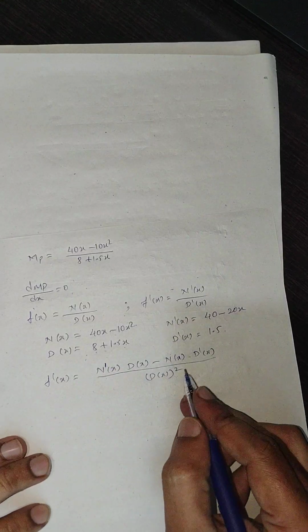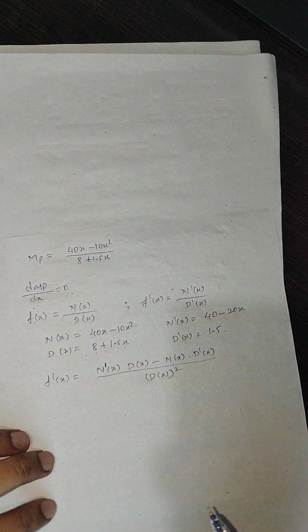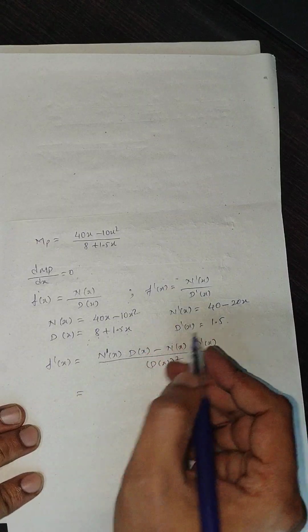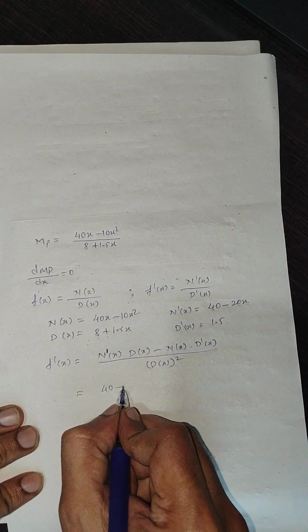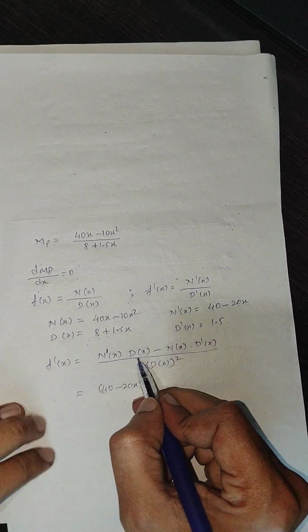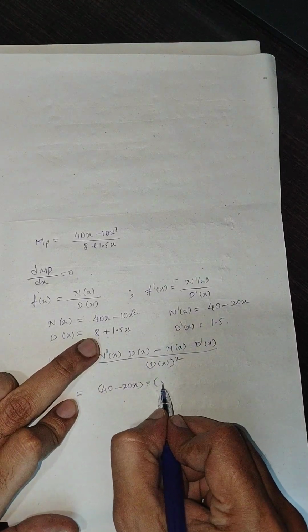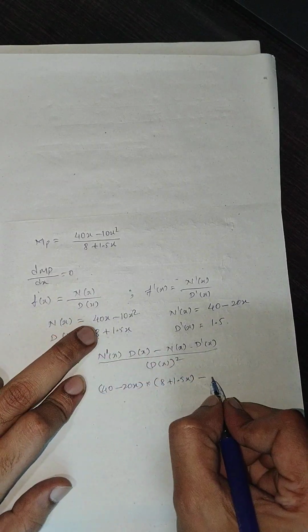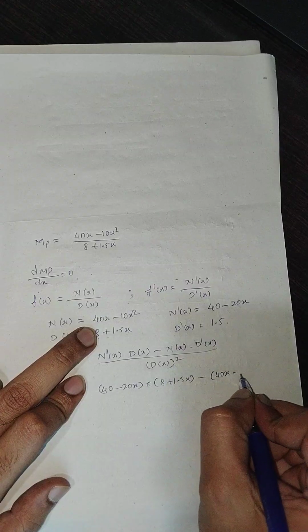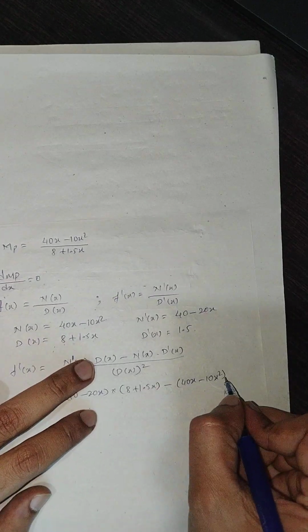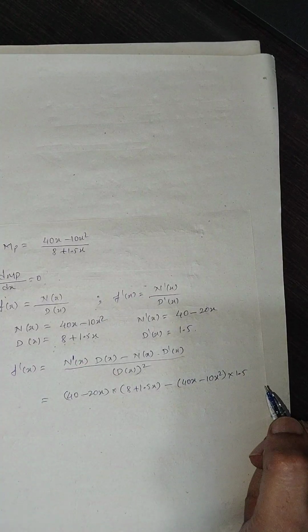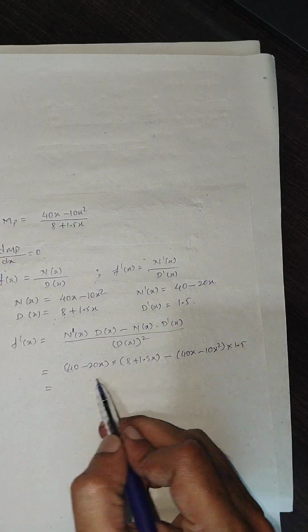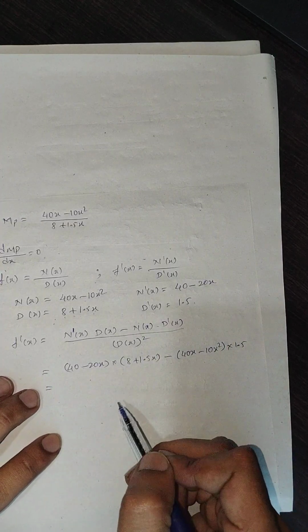We must remember to substitute this and get the value of x. So if I substitute, n dash of x is 40 minus 20x, and d of x is 8 plus 1.5x. Again, n of x is 40x minus 10x square, times 1.5, right? Now the only thing is to multiply the brackets and simplify it.